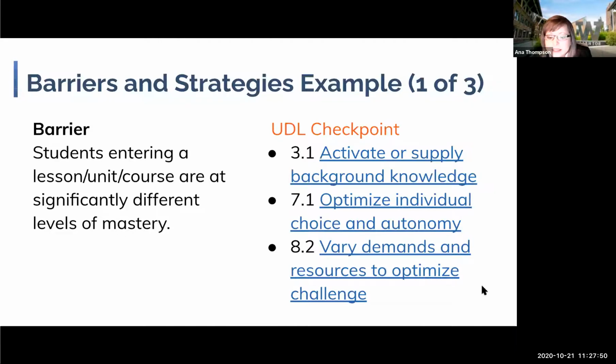So I have a comment in the chat. Oh, thank you, Ray. Yes, absolutely. I appreciate it. Okay, so some of the checkpoints we have in UDL principles help our students activate or supply background knowledge. What are some ways to do that?